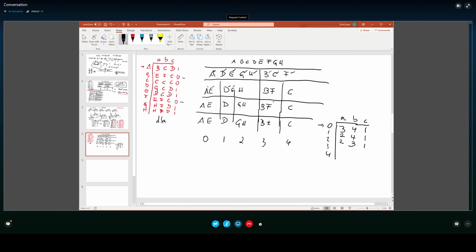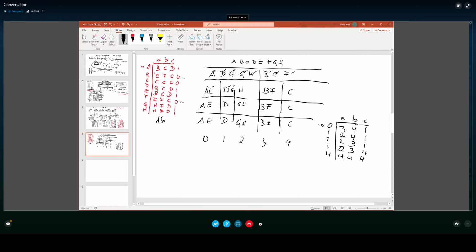And then 3 is B, E, F, C. E is 0, F is 3, and C is 4. And finally 4 is C, which is 4, 4, 4.